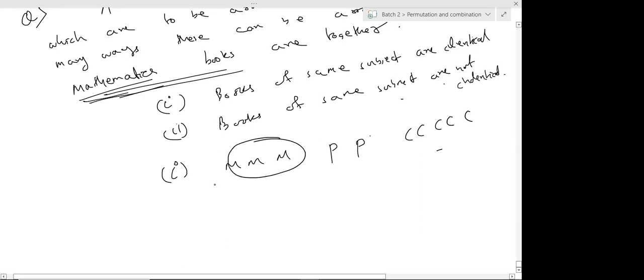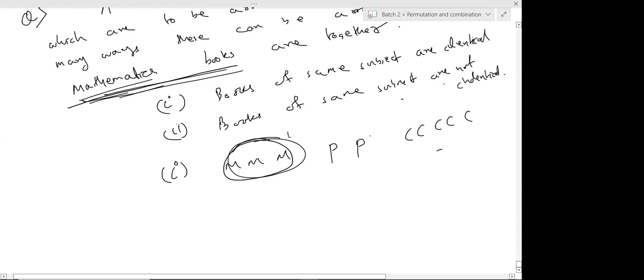So we need to keep the mathematics books together. So I made a bundle of them. Now, how many things are to be arranged, Shaifullah? The question says you have to keep the mathematics books together, so I made them in a bundle.